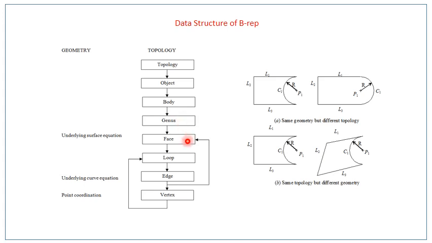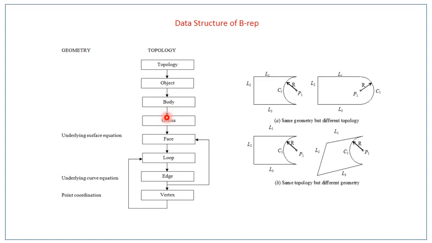Face is nothing but the connection of loops, and the connection of edges is nothing but loops, and the connection of vertices is nothing but an edge, which means from a top down approach we can understand that two vertices can form an edge and two or more edges can be connected to form a loop, and the loops connected in a closed form to form a face, and the number of faces is nothing but genus, and then all the genus are connected to form a closed object.